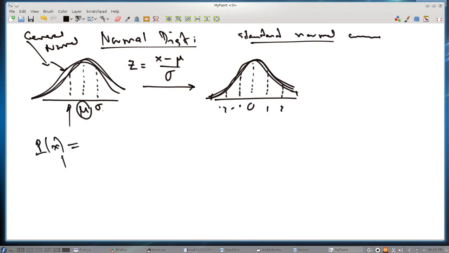X here is based on a certain number. Let's say, for example, x is less than 82 or something like that, or x is between, let's say, 2 and 6.